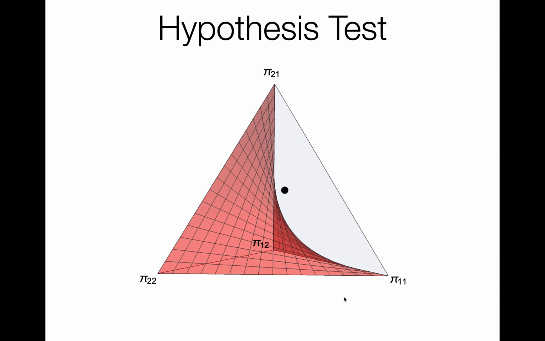But if the table is pretty close to that surface, then it might be actually plausible that the table did come from a population where the variables were independent. Because of course we know that when you take the sample, it may not be representative of the population. There's some variance involved there, and so we have to understand that variance.